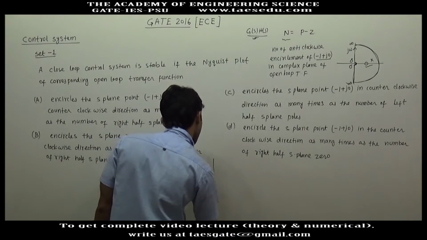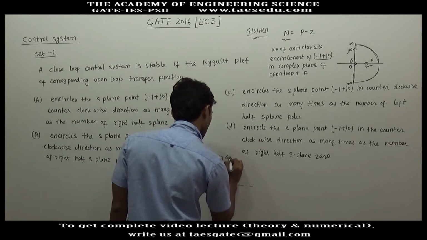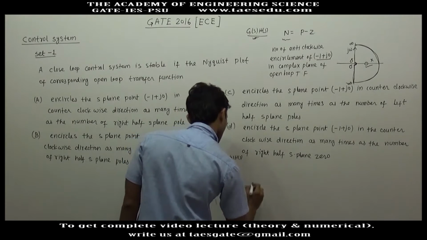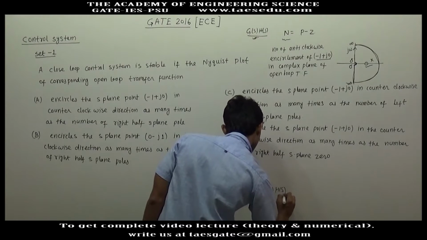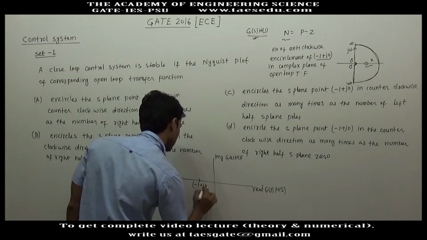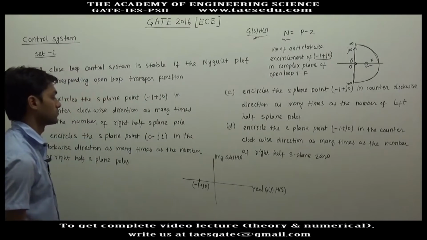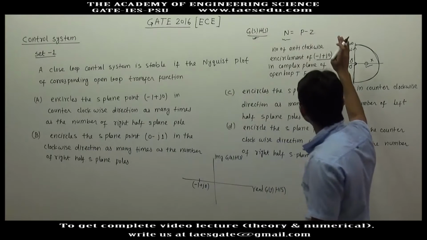Let's say this is the complex plane of G(s)H(s). This is the imaginary part of G(s)H(s), and this is the real part of G(s)H(s), and here we have -1 plus j0. So N is the anti-clockwise rotation.